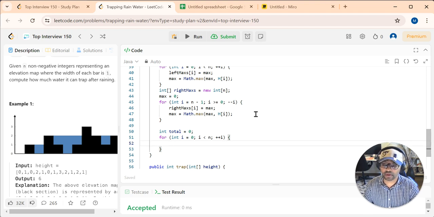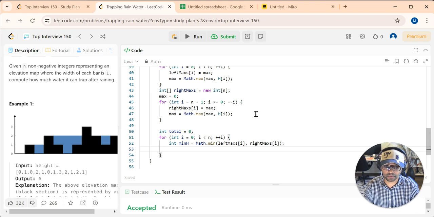So min height equals math.min of left maxes of i and right maxes of i. Okay, so we got the minimum. None of them will be negative because of the way we calculated, right? There will be 0 or bigger. Okay, so that's the minimum height.